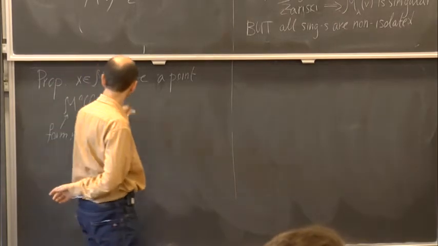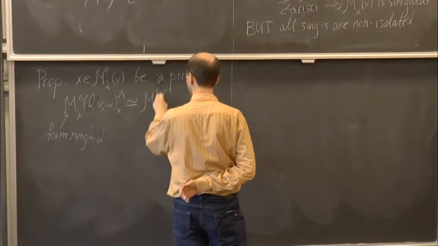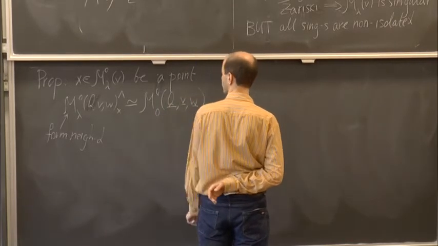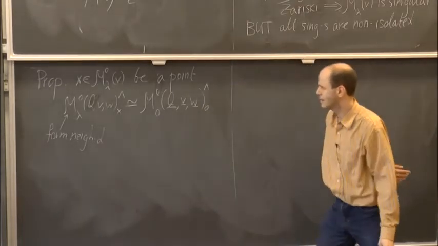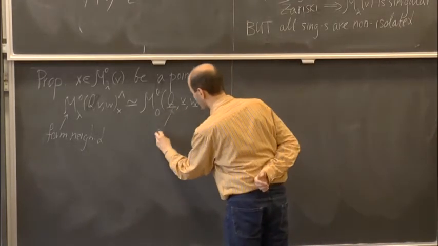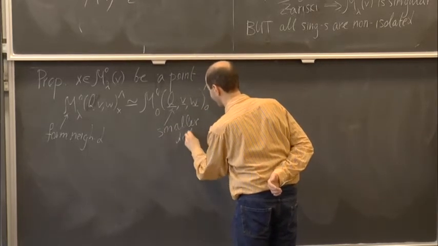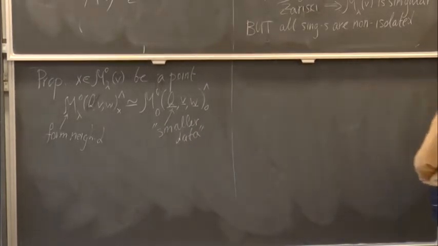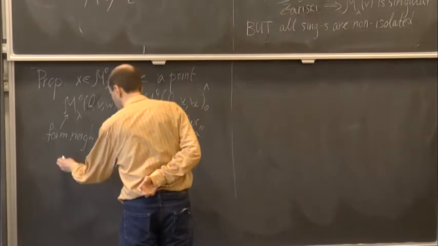The formal neighborhood is isomorphic to the formal neighborhood of 0 for a smaller Q variety. So this is kind of smaller data. And this is a consequence of what one can call the symplectic slice theorem.